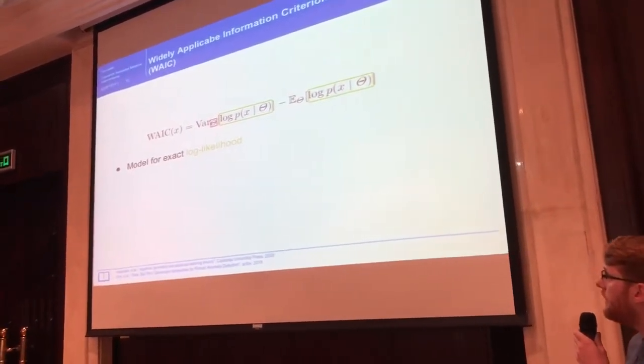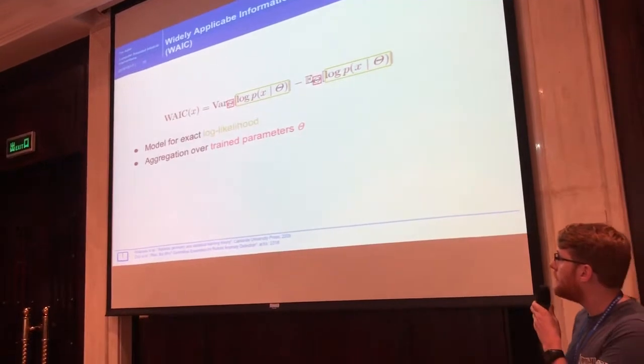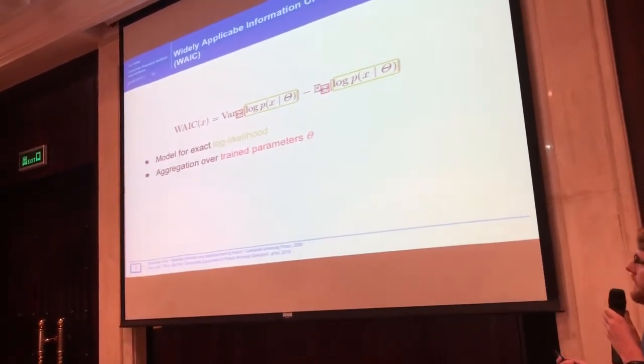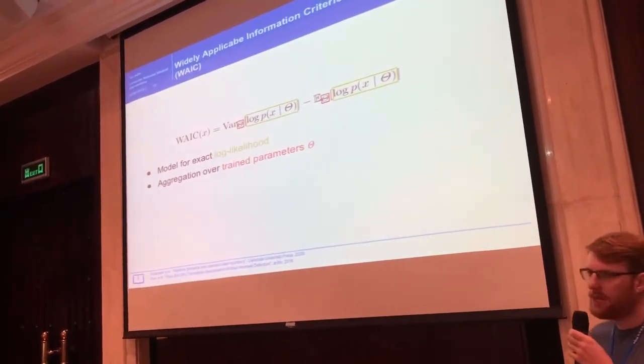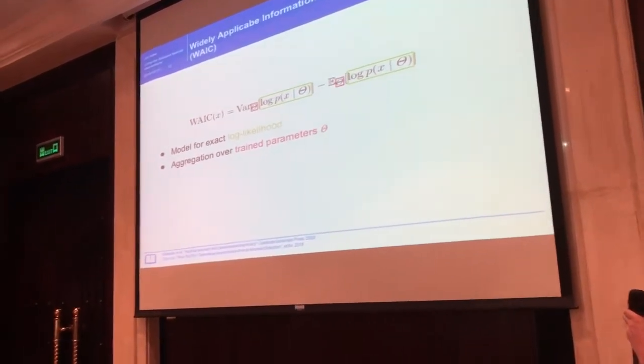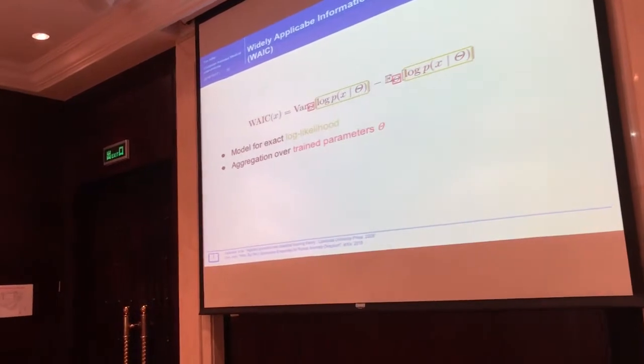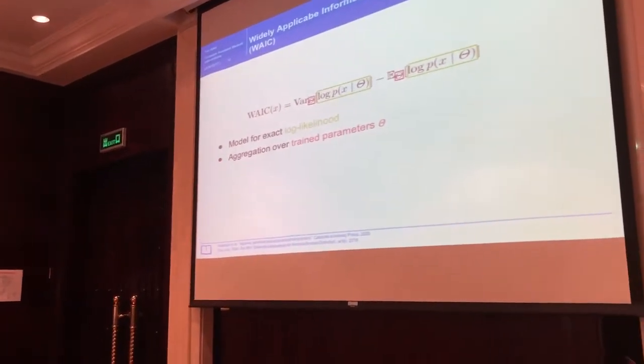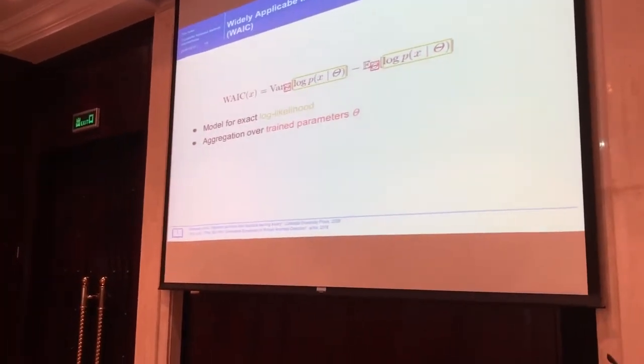And then the other thing is that you need to aggregate over the trained parameters of this model. So this is an ensemble approach. You really need to train this model multiple times and then compute this variance and this expectation term.